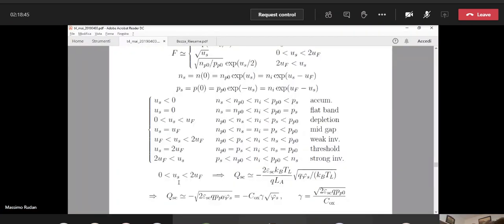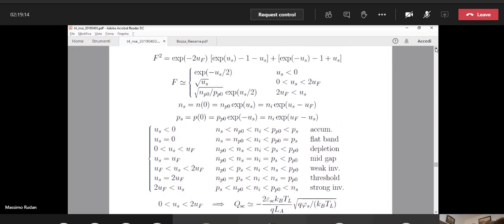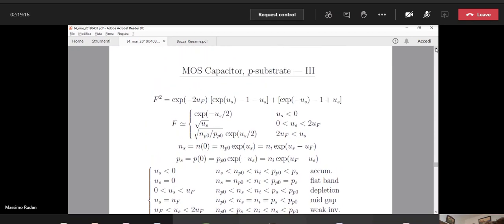Okay, so after distinguishing all these functioning regimes of the MOS capacitor, we may exploit the approximation that we discussed earlier.